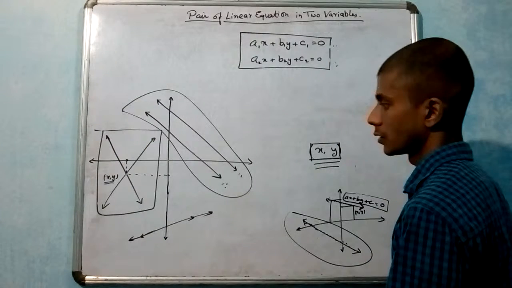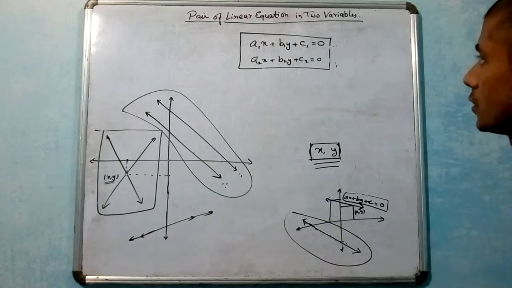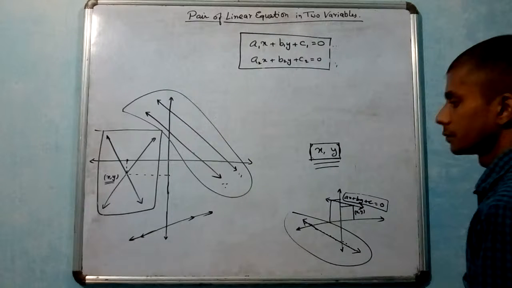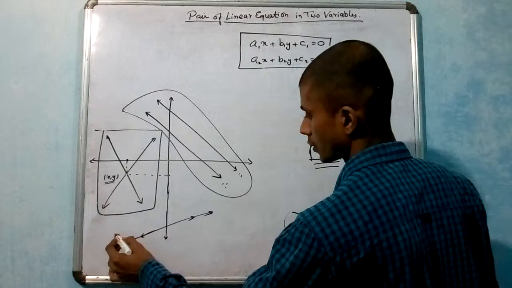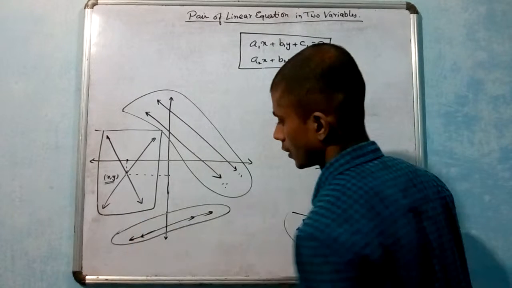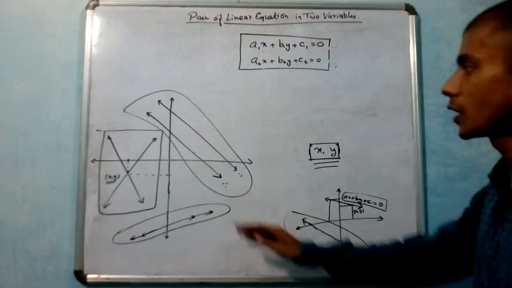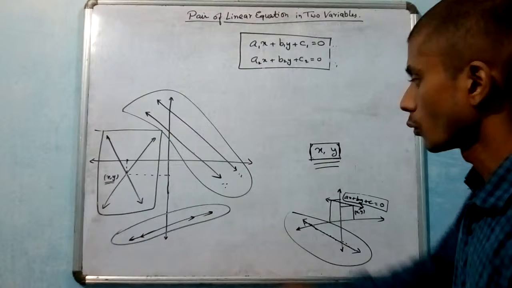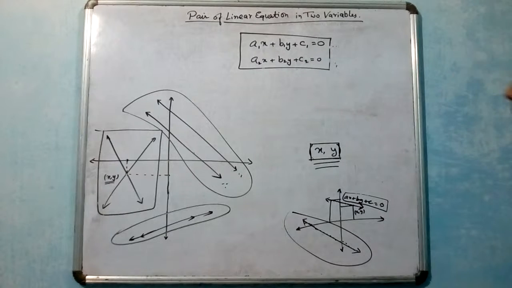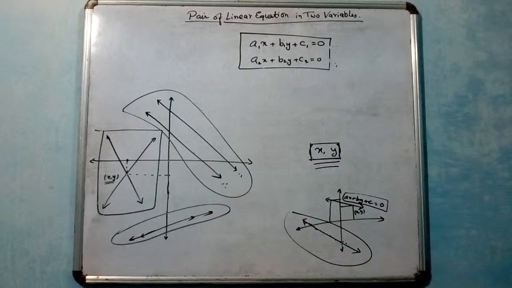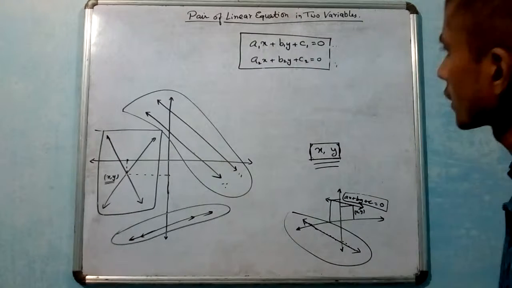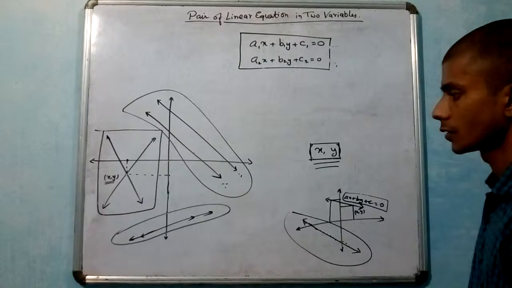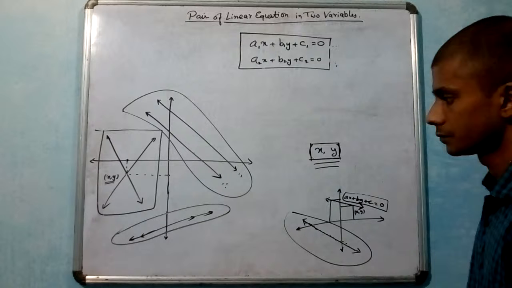What is the third possibility? Here, it is not a single line: the lines may coincide. One line may lie exactly over the other. How many solutions can we get? Many.